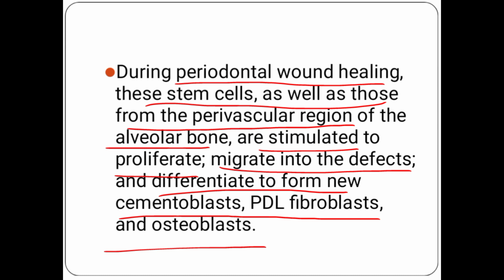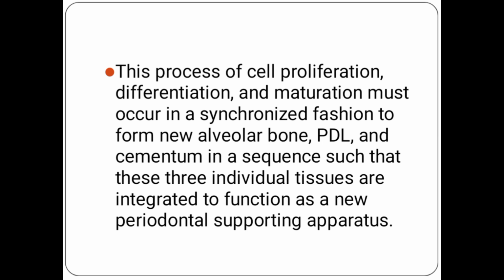So in wound healing, the cells from stem cells and from the perivascular region of alveolar bone are stimulated to proliferate, move to the defect area, then differentiate into cementoblasts, fibroblasts, and osteoblasts. The processes of cell proliferation, differentiation, and maturation must occur in a synchronized fashion.